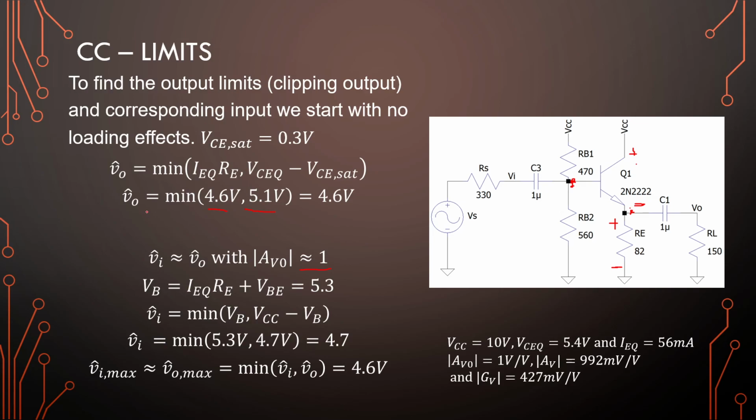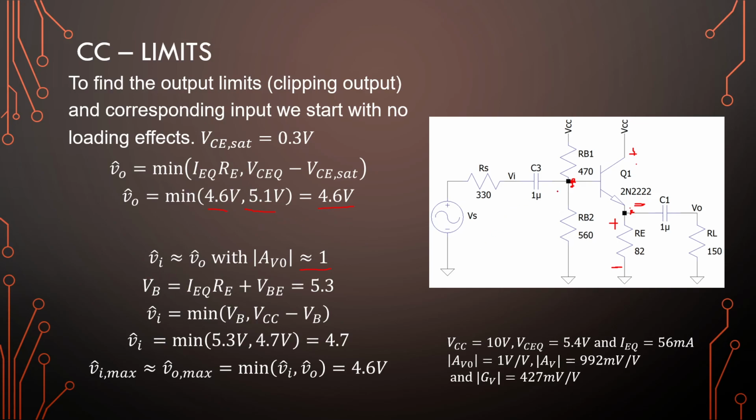So again, only the minimum of the two will do, and that is 4.6. Again, this is when we have no load. So we're going to test this later with an input of 4.6 and a bit higher to see what the effect is on the output. Right. So the maximum output that we can have is 4.6 volts.